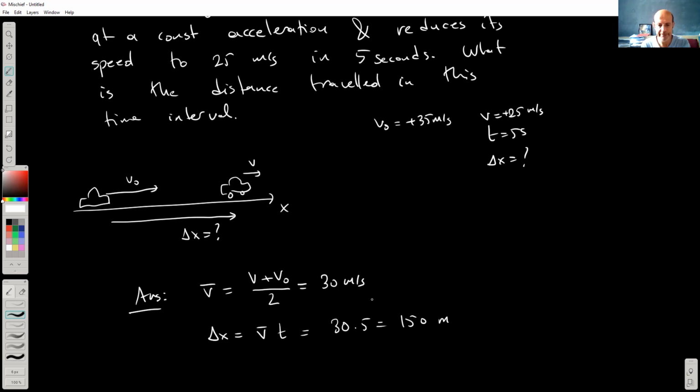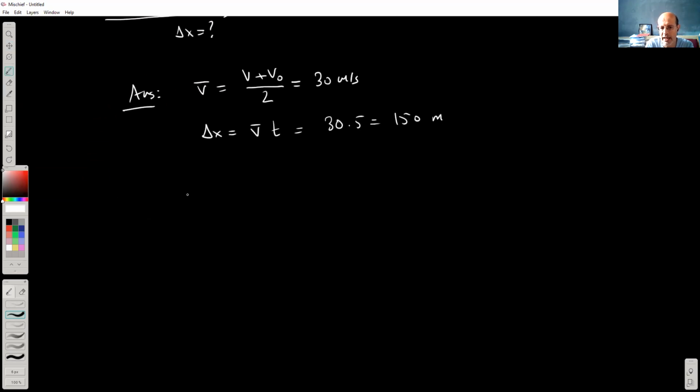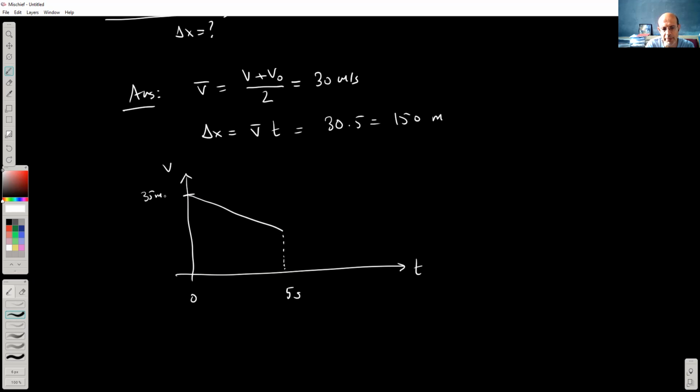That's perfect then. In any case, some people in high school have learned this method as the graphical method, right? They just do it like this. So that's the velocity. They draw this thing in here, right? So the time is 5 seconds in here. The initial velocity is 35 meters per second. Final velocity is 25 meters per second. And then they say that the area in here is equal to delta x. So you just compute the area.